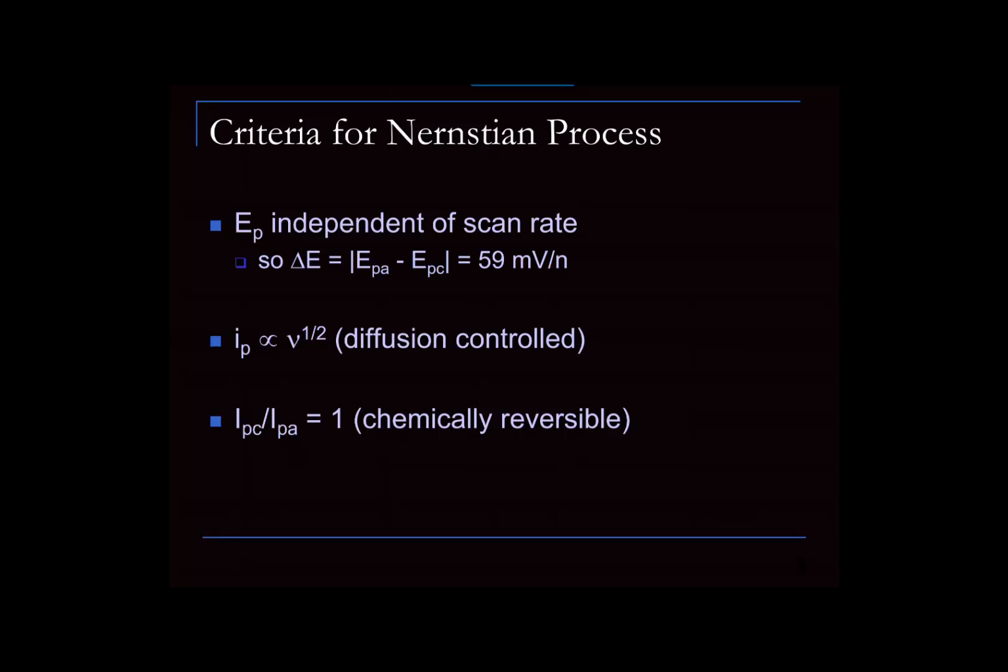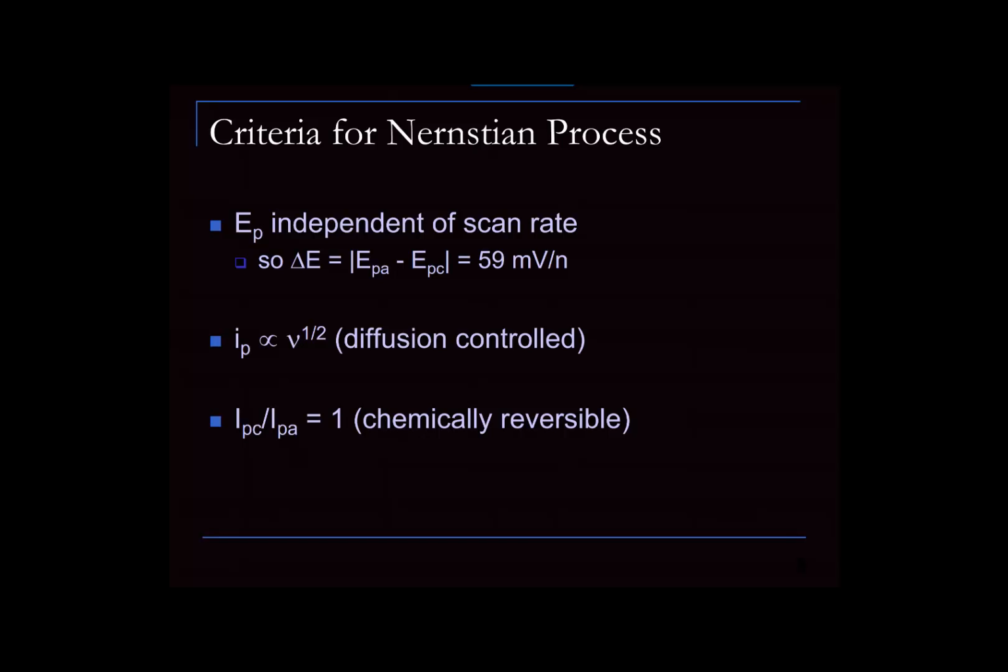So in cyclic voltammetry, we look for certain characteristics. We look to see if the system is diffusion controlled, and that's listed in the center, or if I_P cathodic and I_P anodic are proportional to the square root of scan rate. You'll often hear this referred to as Randles-Sevcik behavior. If that plot is linear, then that's evidence the system is diffusion controlled.